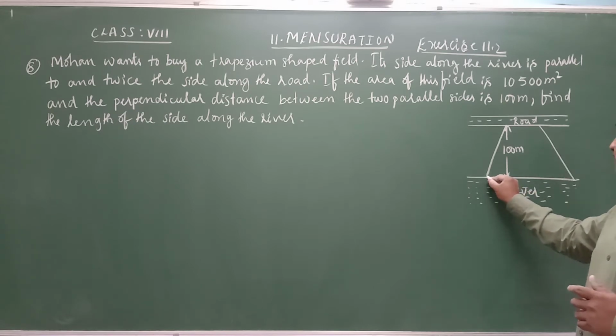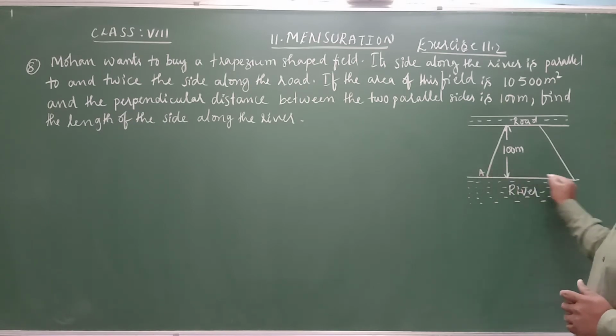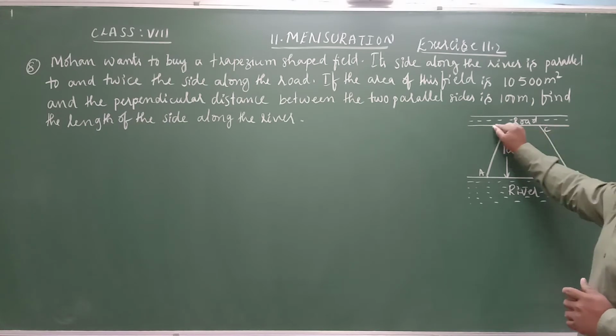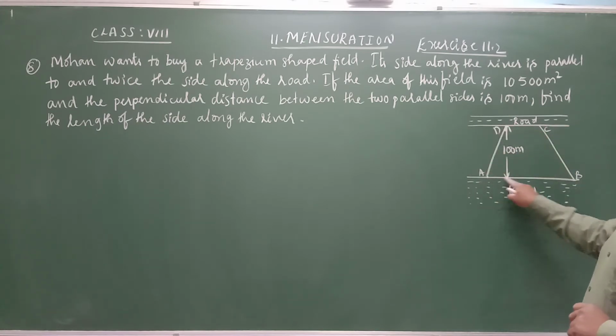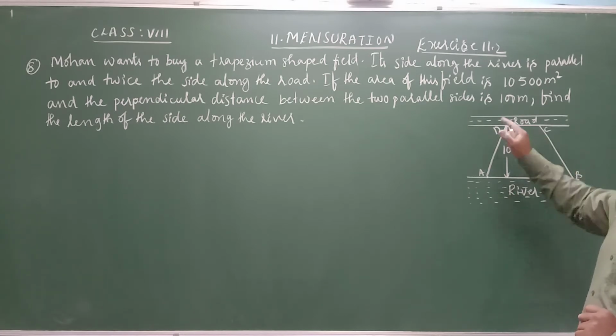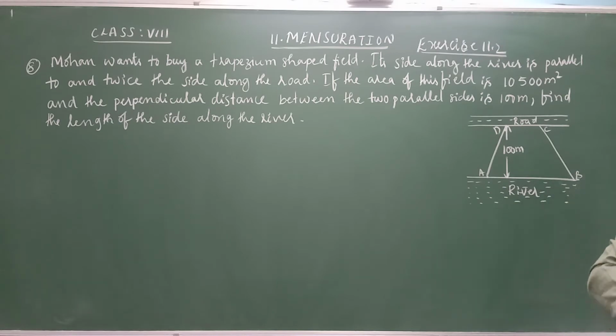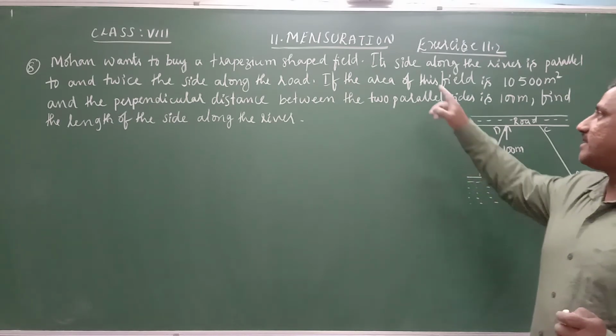Let this be the side. I am giving the names A, B, C, D to the field. ABCD is the trapezium, where AB is the side of the field along the river, and CD is the side of the field along the road. See this second statement.